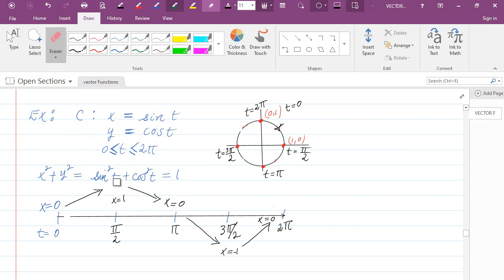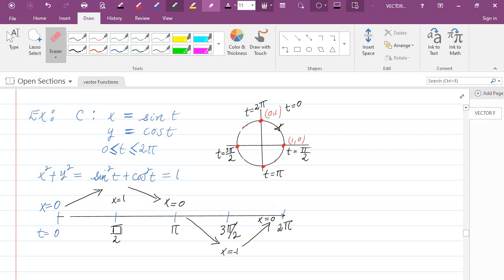And then is it the entire part of the circle? How is it traced? Well, just look at the behavior of x as a function of t. So notice that as t goes from 0 to pi over 2, x is increasing from 0 to 1. So when t is pi over 2, you get x to be 1.